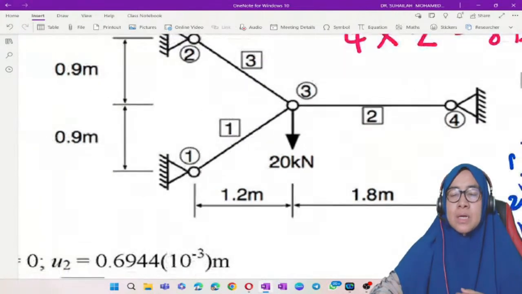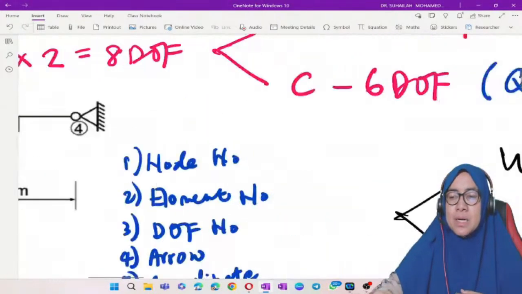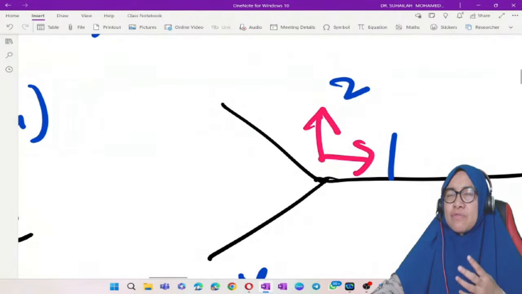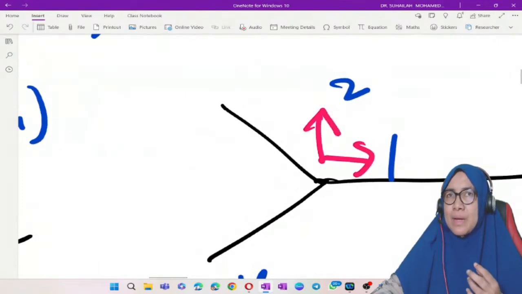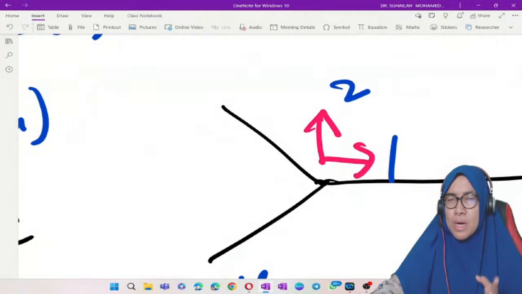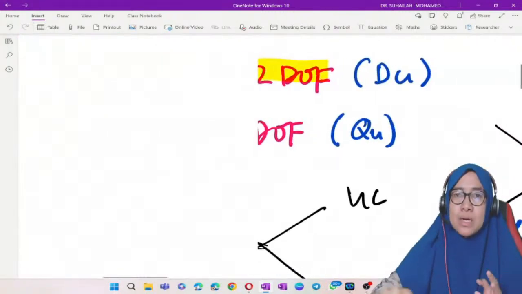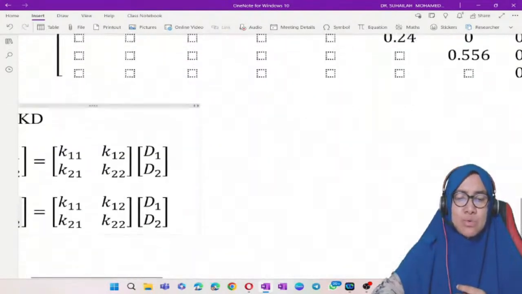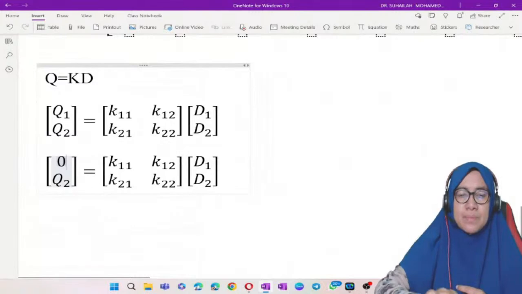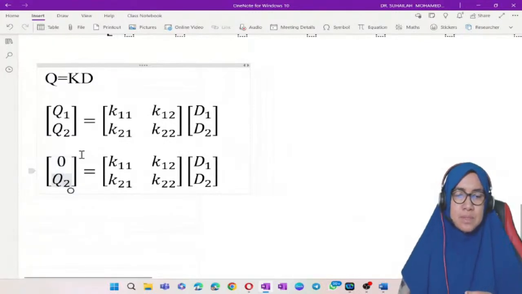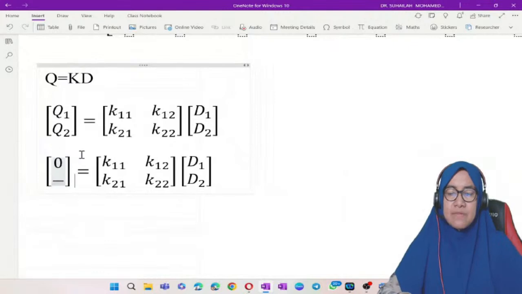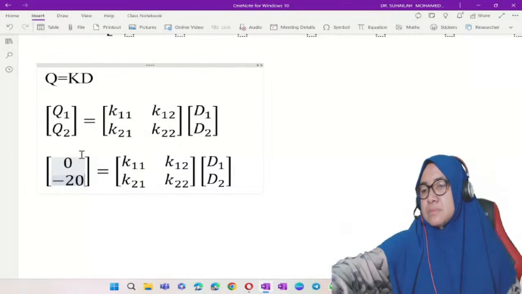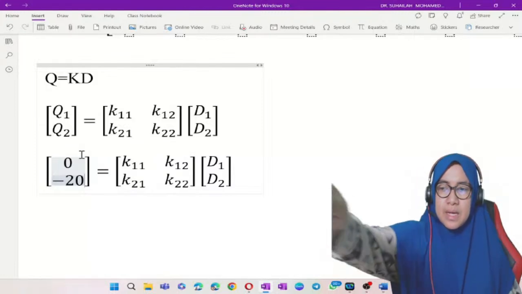We compare back with the label that we put: the label for the vertical direction is 2, the arrow is upward, but the force is downward. That is why the value we should put into Q2 is negative. So this is negative 20.